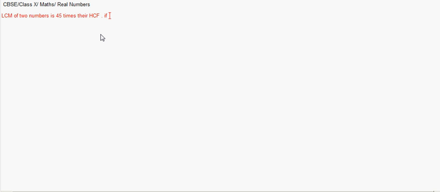If one of the numbers is 125 and the sum of their HCF and LCM is 1150, find the other number.